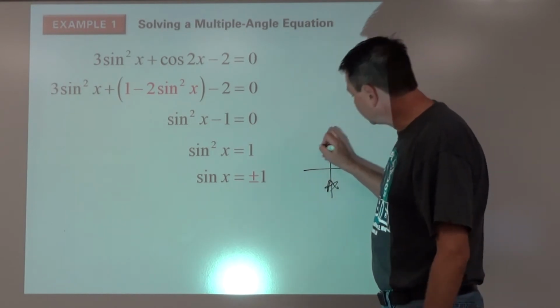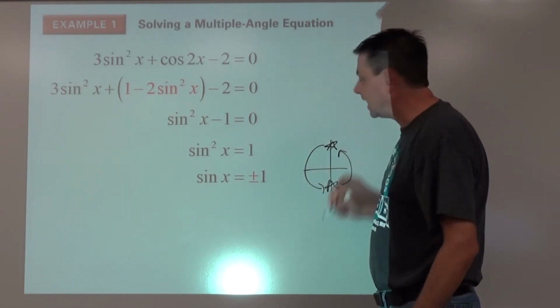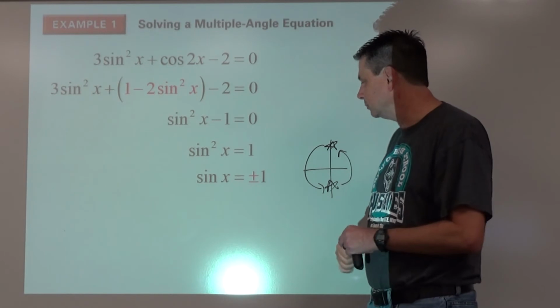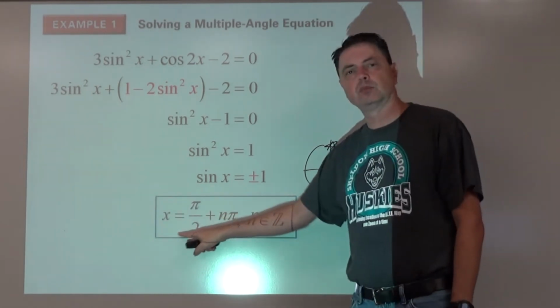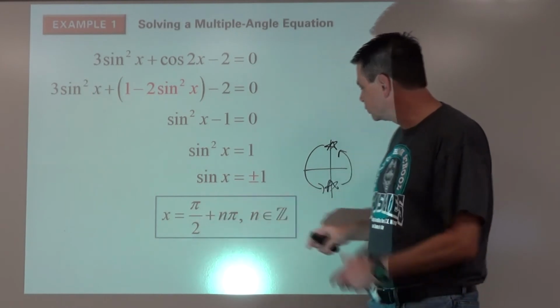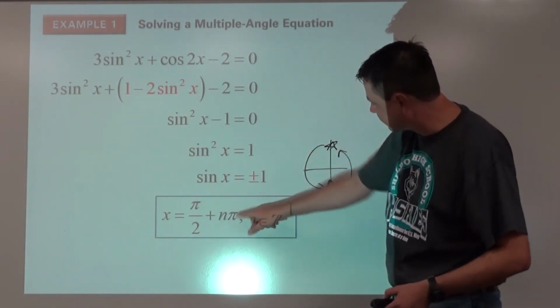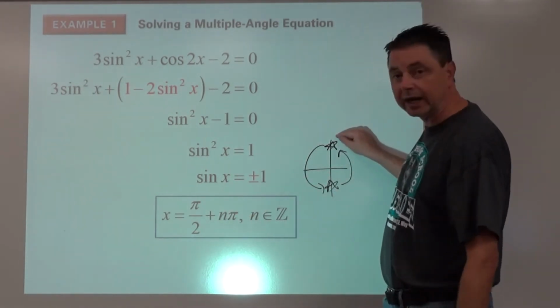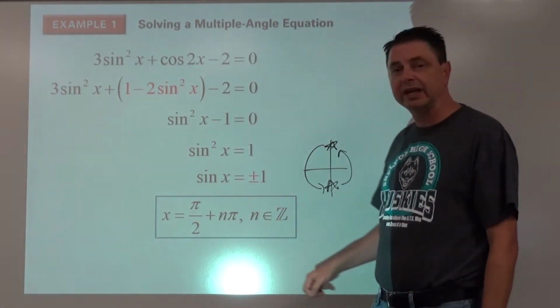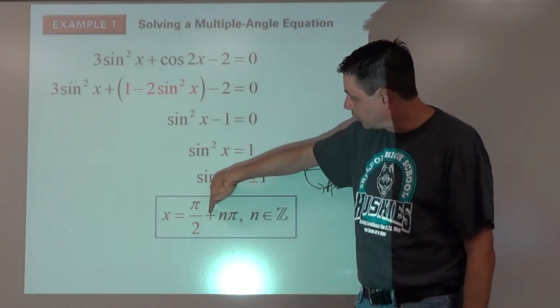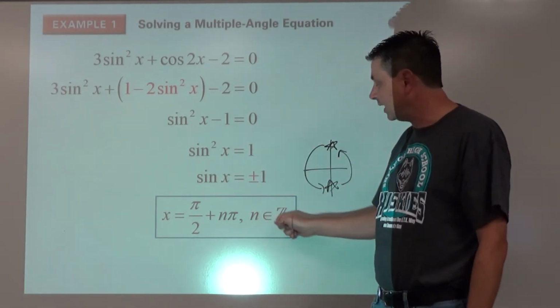Or we could just go one of them and just add pi each time. That's probably the most efficient way to go. Pi over 2 plus 1n pi gets us to here, and then another pi gets us to there, and that's going to hit all of them. Since they're equally spaced, we could just go plus n pi, n is an integer.